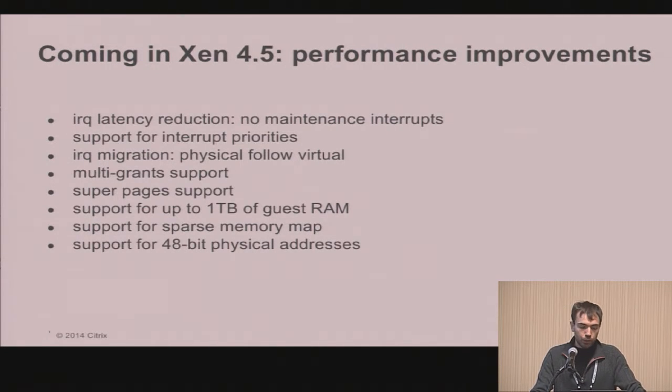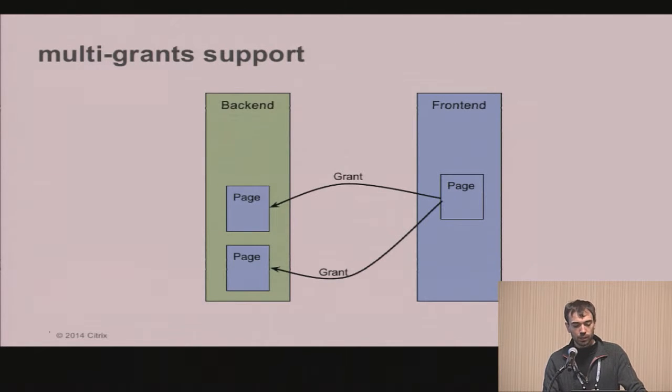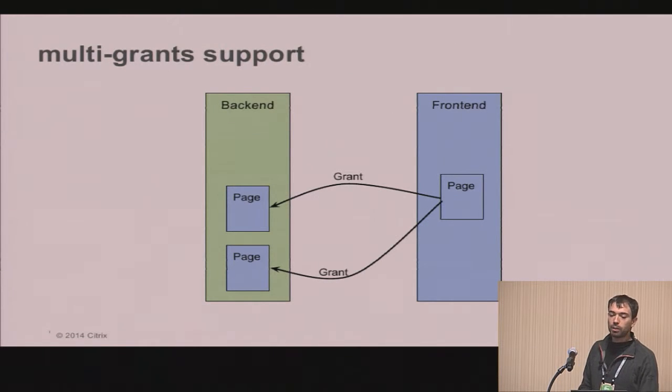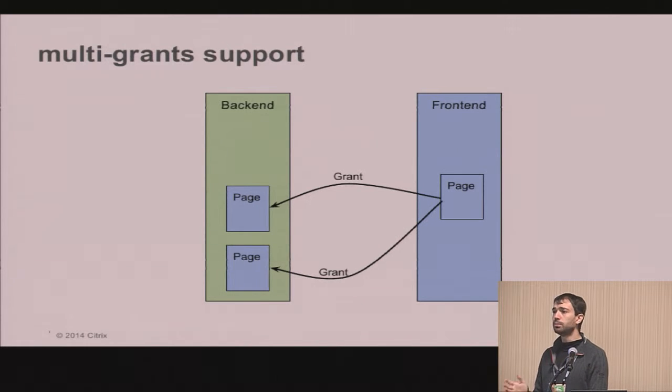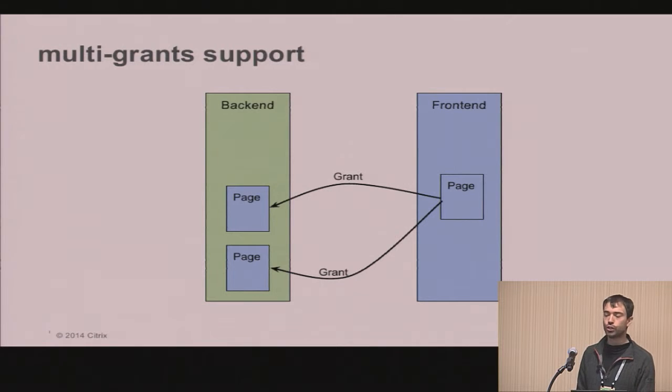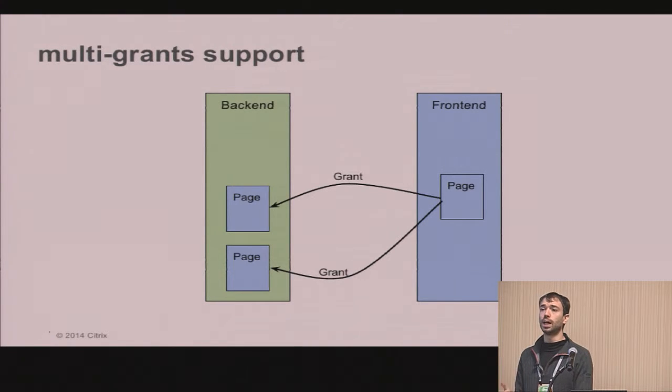Another complex feature is multi-grant support. This is a cross between a bug fix and a feature, and a performance improvement, to be honest. The problem is that sometimes the front-end driver will share the same page multiple times using multiple grant operations.